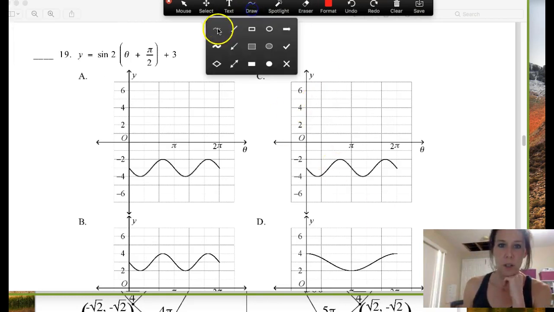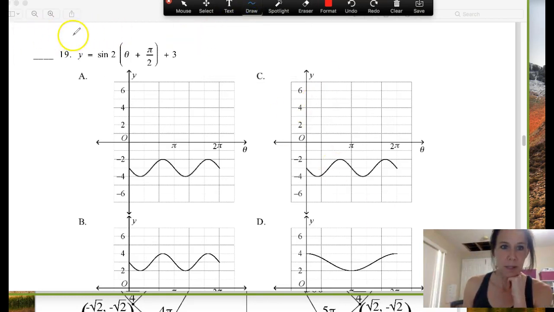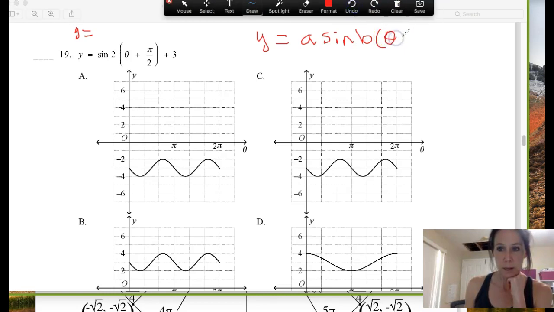But let's first look at, remember, our basic sine function would be y equals a sine b, and then x, or theta, I guess we'll do theta, minus h plus k. So this shifts you left, right.